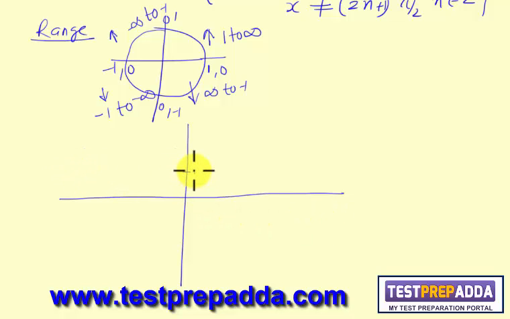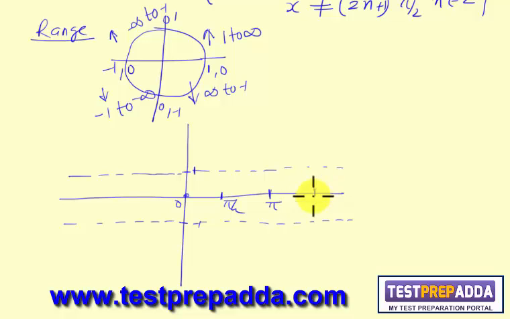Consider this as 1, this as minus 1. This as 0, pi by 2, pi, 3 pi by 2, 2 pi.